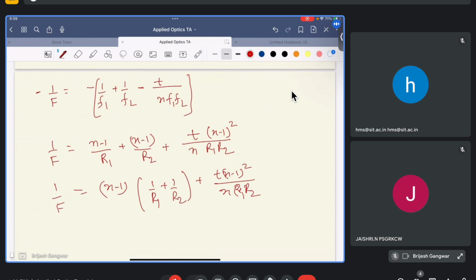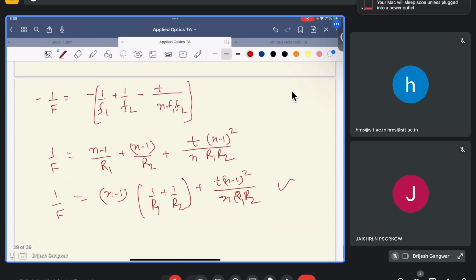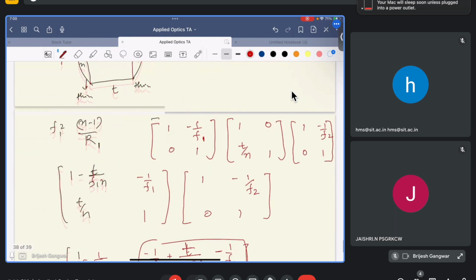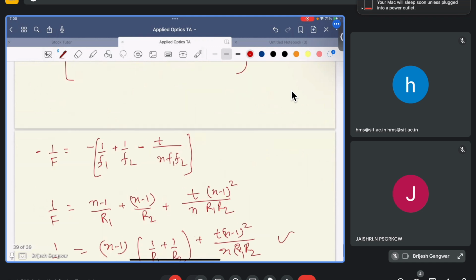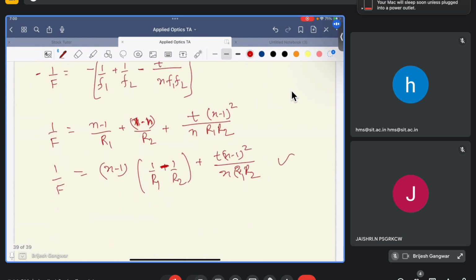So this is something like 1 by f equals (n minus 1) times (1 by r1 plus 1 by r2) plus t (n minus 1) whole square by n r1 r2. This is one of the options that will be correct. Oh sorry, this is minus. Actually this r2 will be 1 minus n, so that is why it will be 1 minus n if we consider minus 1 by n.